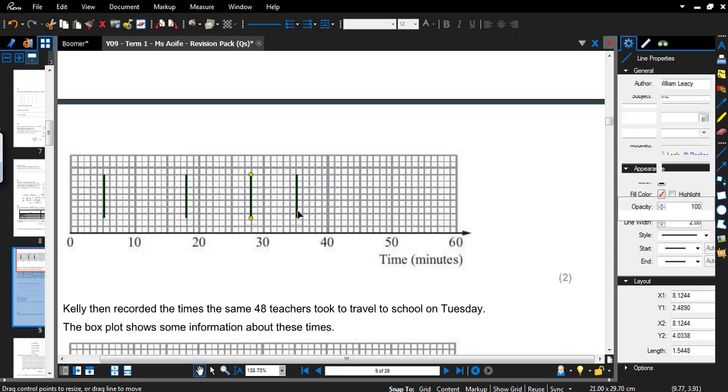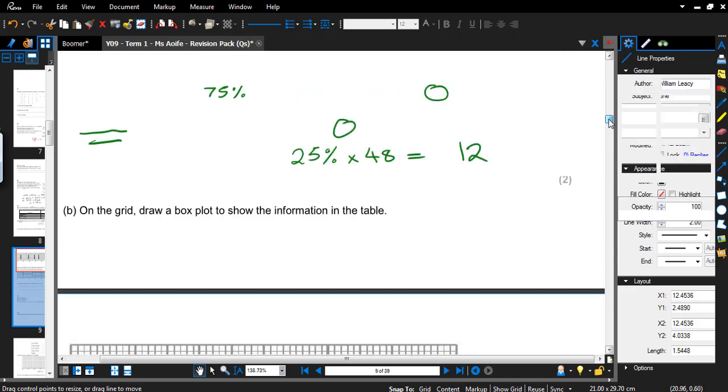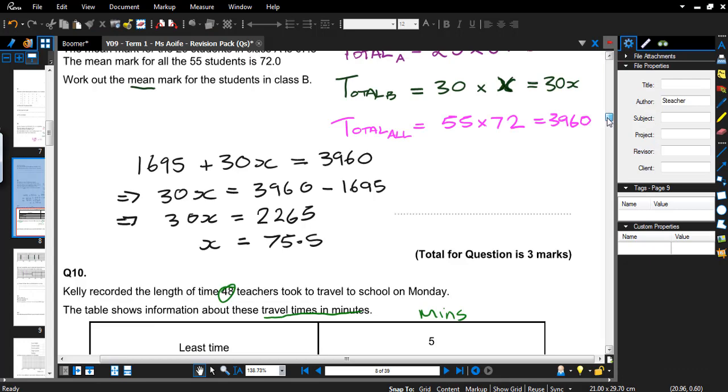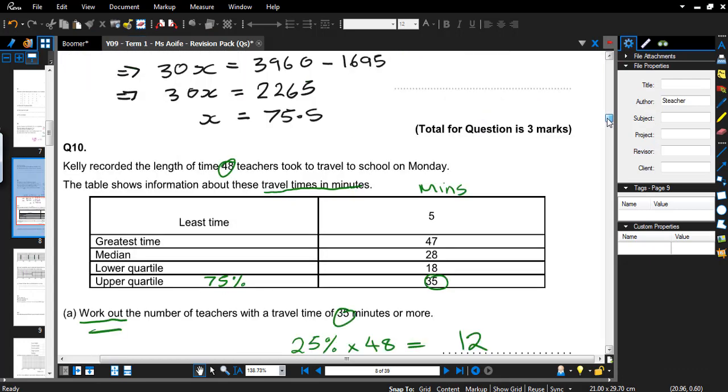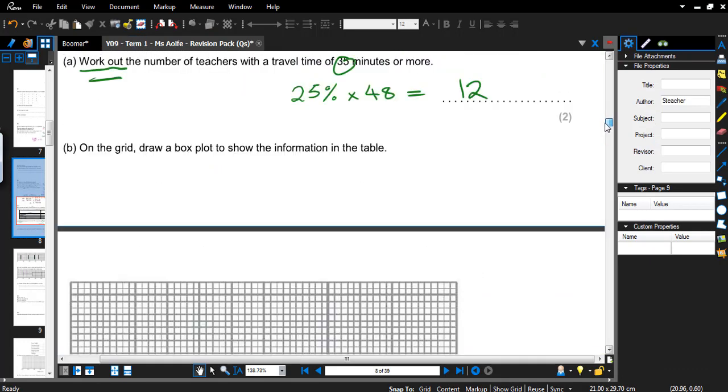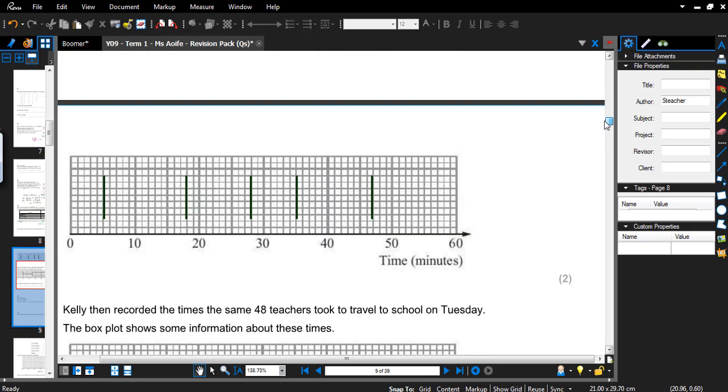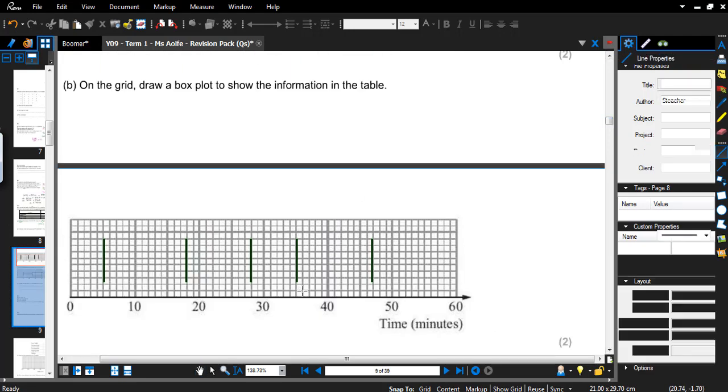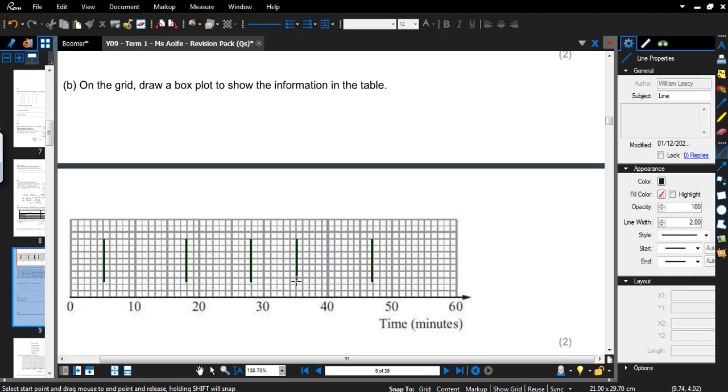Here. And then 47. Boom. So that's that. You just put in the 5 points that are important to us: 5, 18, 28, 35, 47. And then you just connect the upper so it looks like that. It's that syringe shape. So you just connect them.